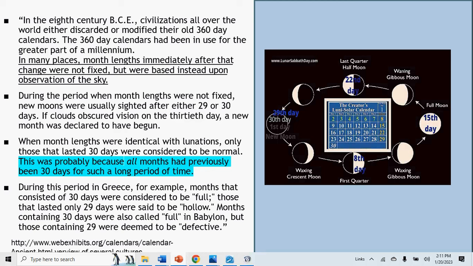Those that lasted only 29 days were said to be hollow. Months containing 30 days were also called full in Babylon, but those containing 29 were deemed to be deficient, or defective. And again, the links below.